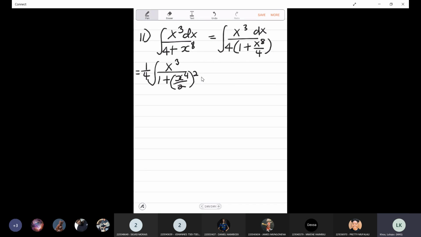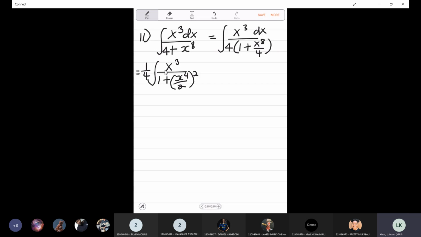Okay, so what we always want is to have 1 here can be plus or minus, but this term here must be squared. Okay, and then our numerator must be the derivative of the denominator. So you can see if I differentiate the denominator, I get 2x to the power of 3. So there's a 2 missing over here.